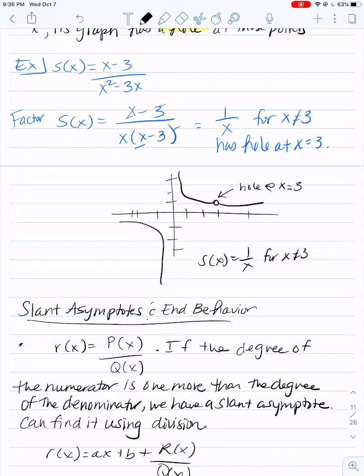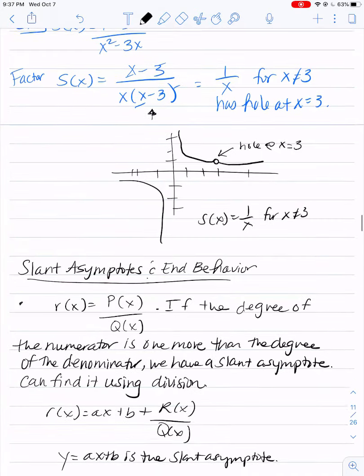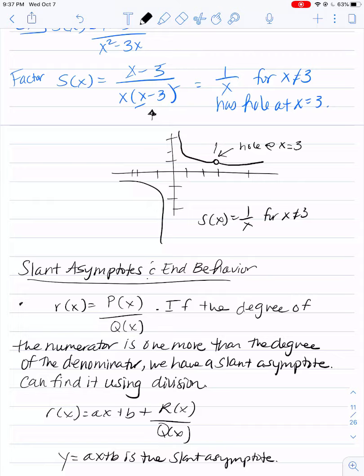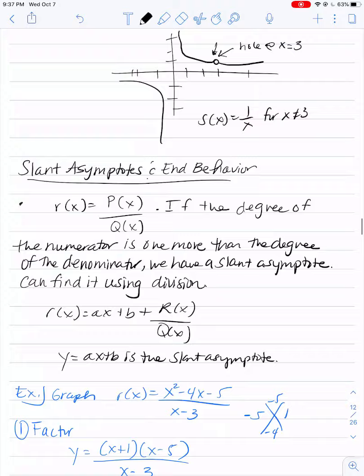However, notice how x - 3 is 0 when x = 3, and we know that we have a hole then at x = 3 since we canceled them. So when I graph it, I basically just put an open dot at the hole. So s(x) = 1/x for x not equal to 3. Where's our hole?